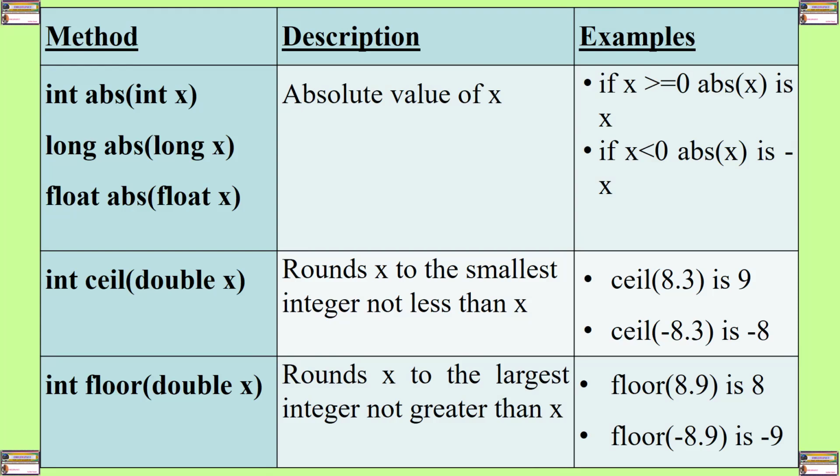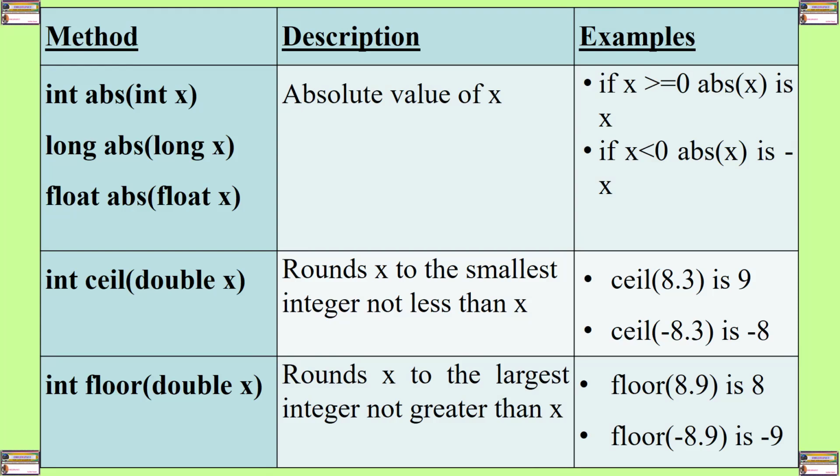An example is, if x is greater than or equal to 0 and you write abs(x), then what you get is x. If x is less than 0 and you compute its absolute value, then what you get will be negative x.